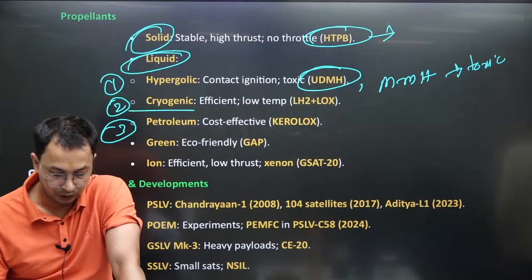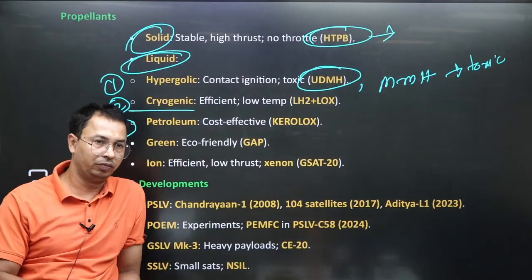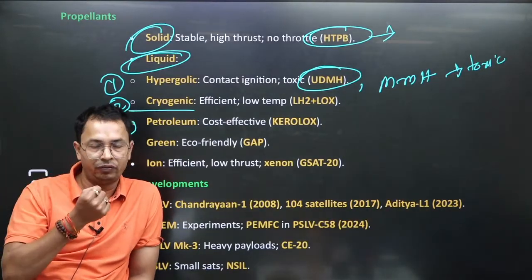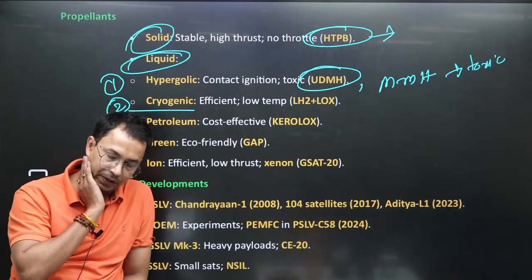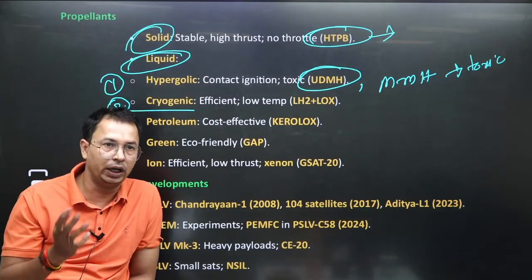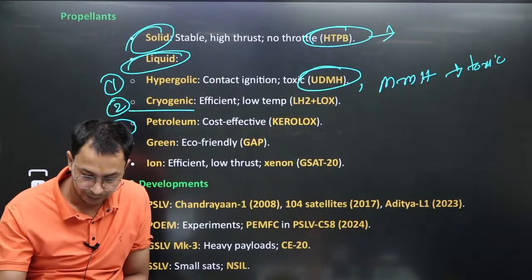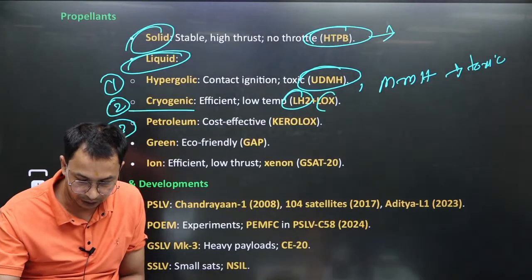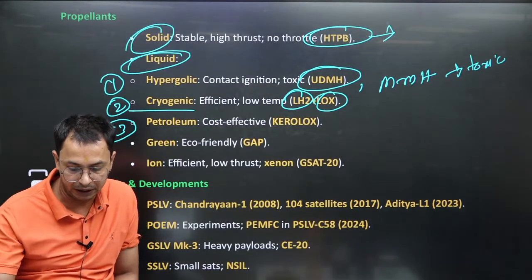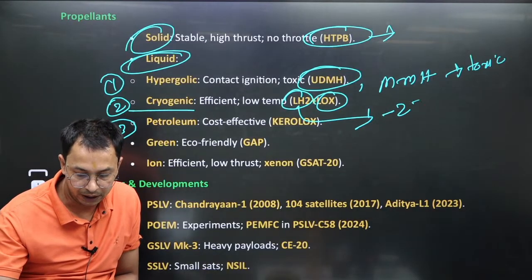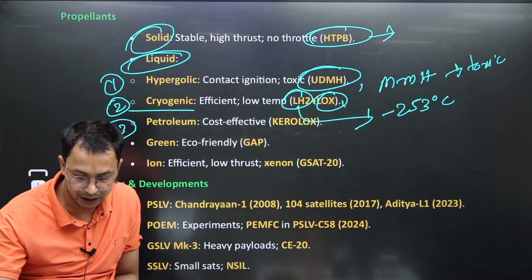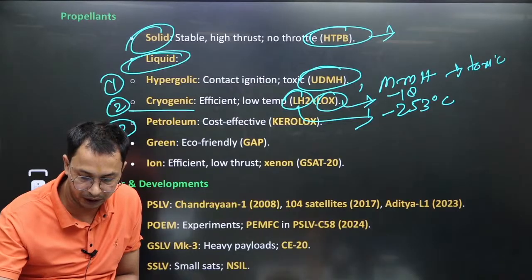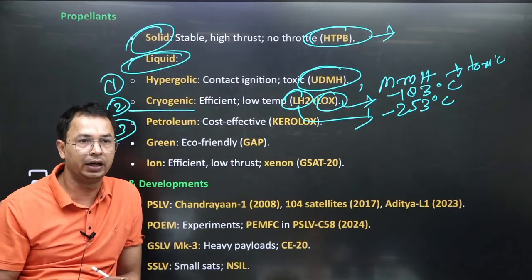Then cryogenic fuel. In the cryogenic fuel, this fuel and oxidizer will be at very low temperature. Here we will use hydrogen as the fuel and oxygen as the oxidizer. Hydrogen will liquefy at -253 degrees Celsius, and oxygen will liquefy at -183 degrees Celsius.